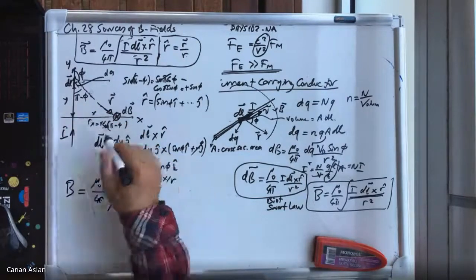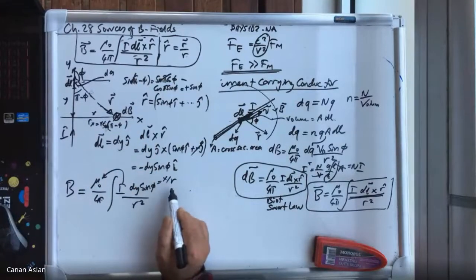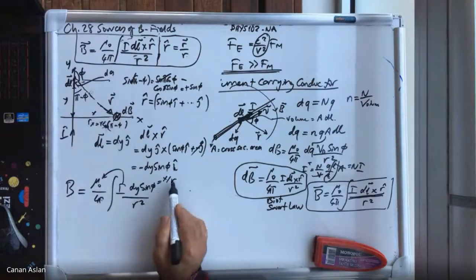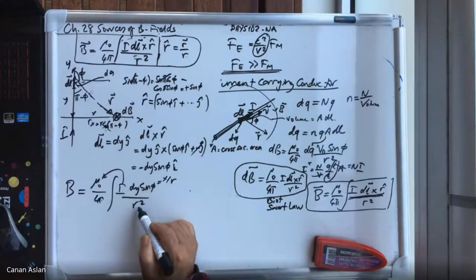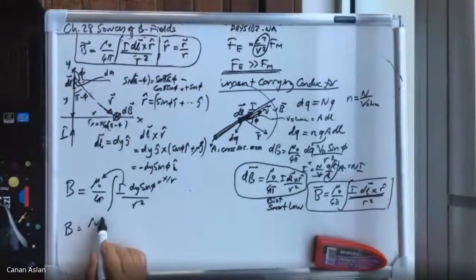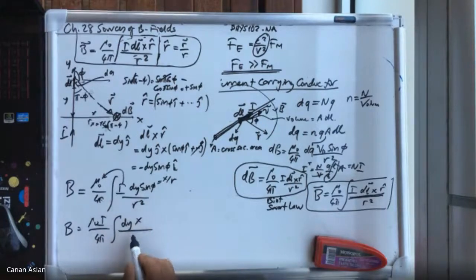Sine phi is just x over r, because sine(pi minus phi) is sine phi. And now r has also y in it. So this can be written as mu0 I over 4 pi, dy x over r, but there is another r squared, so r cubed, where r is x squared plus y squared, to the power of 3/2.